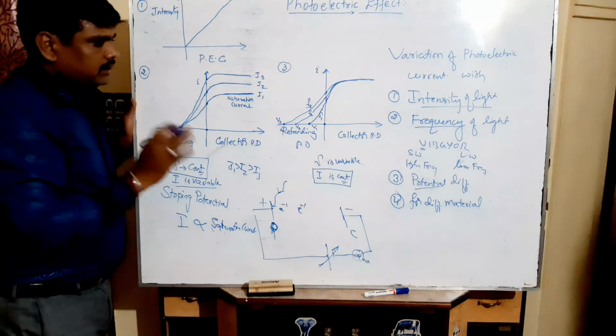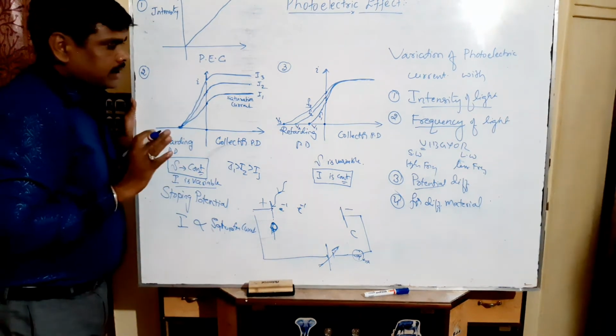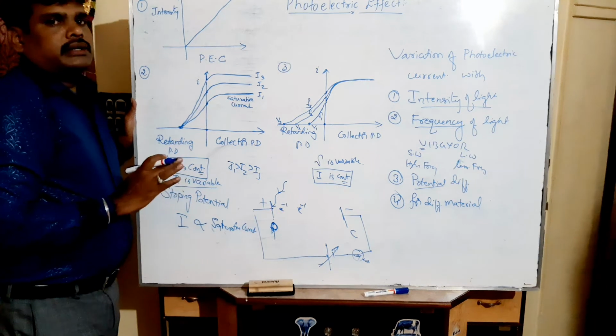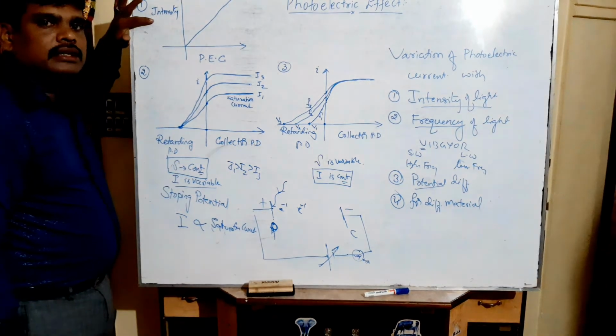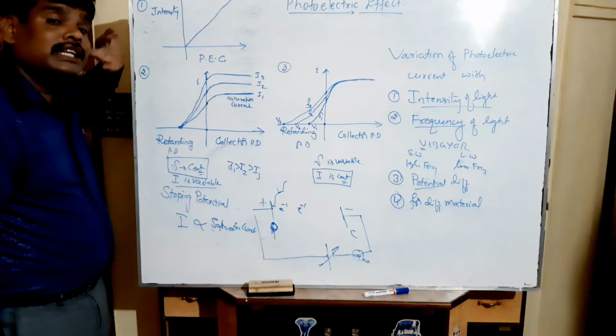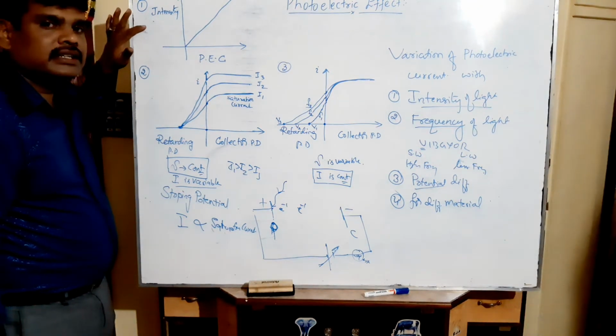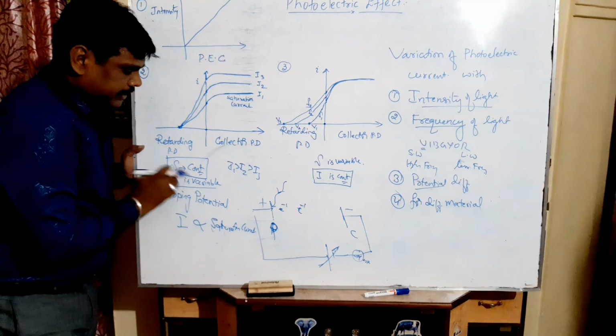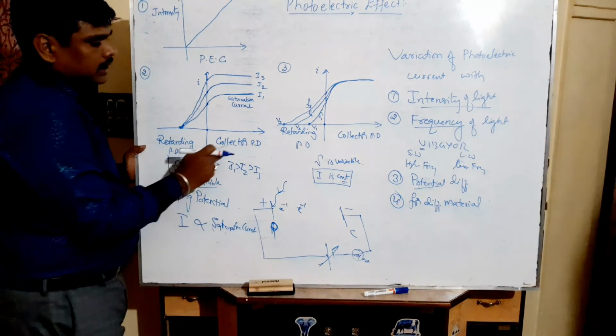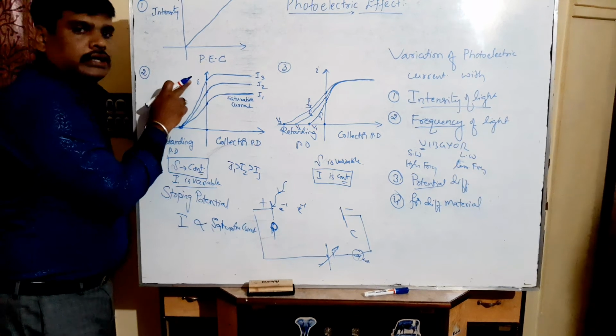I want to repeat these concepts once again because this is a very important concept. See what happens here. When intensity increases, the photoelectric current increases linearly, as shown in the first graph. In the second graph, at constant frequency, we vary the collector potential difference and photoelectric current.